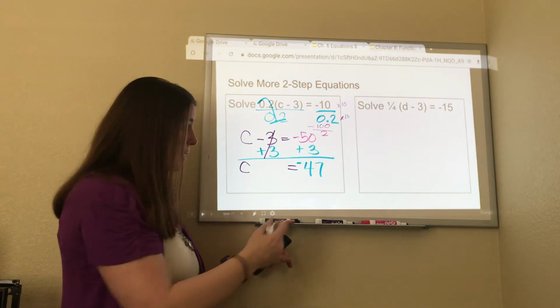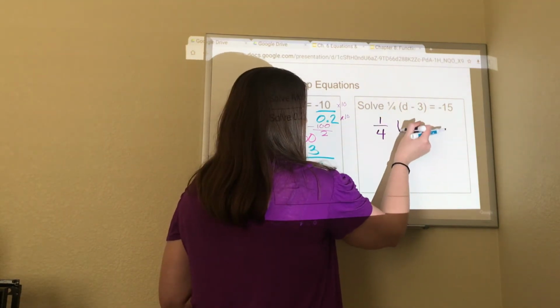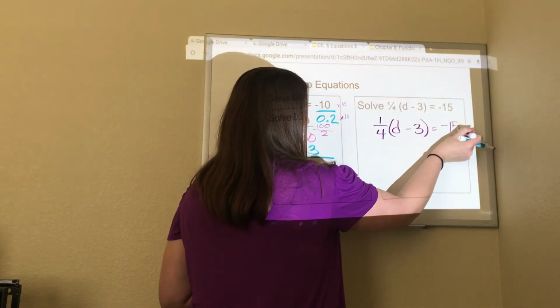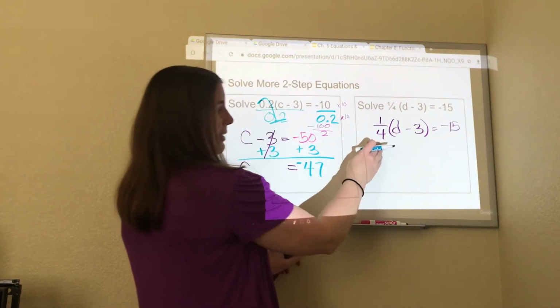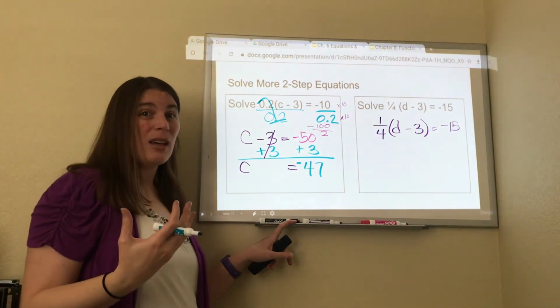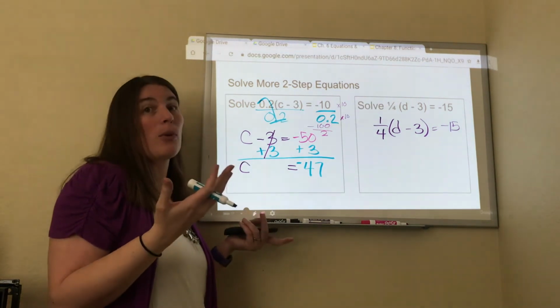So let's go on to this next problem here. I'm going to rewrite it. I see that I'm multiplying by 1/4, so I need to get a whole, right? So I'm going to multiply by the reciprocal, or I need 4/4 basically, right?